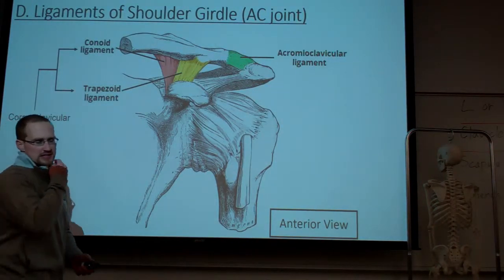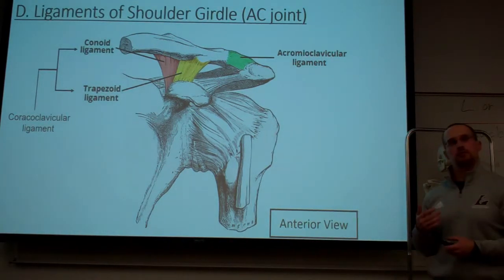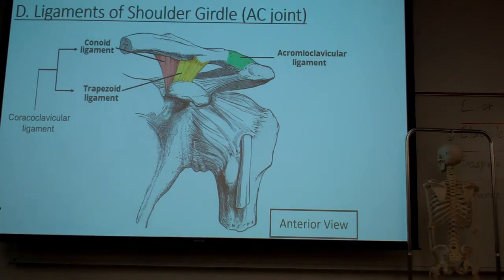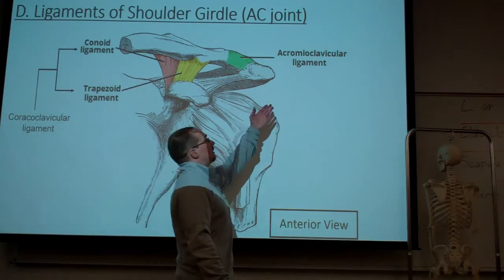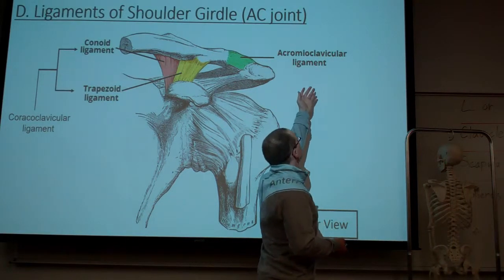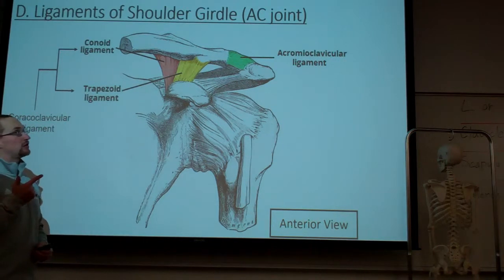Now, for those joints to stay together, we need some ligaments to hold them together. So first, let's start off with the acromioclavicular ligament. Again, the name gives it away. It's the ligament that holds the acromion process and the clavicle together.